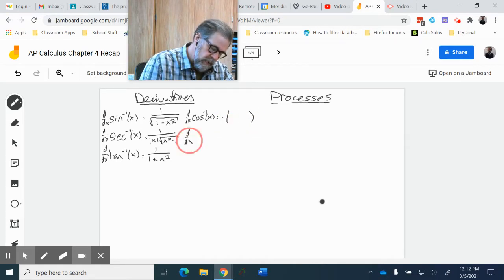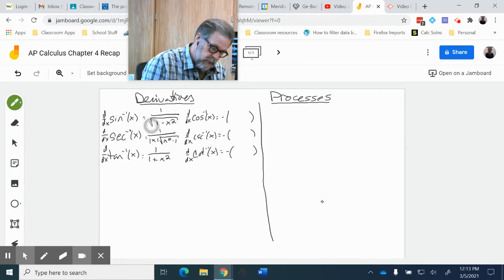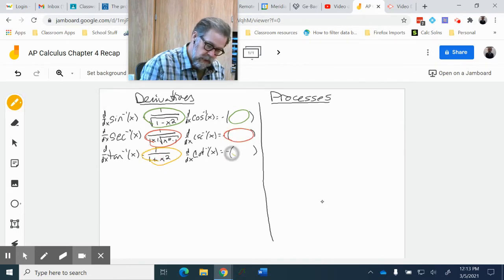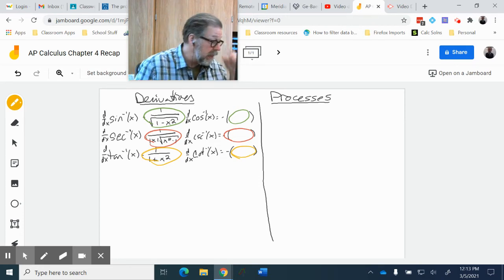The derivative of arc cosecant is the negative derivative of arc secant, and the derivative of arc cotangent is just the negative derivative of arc tangent. I should have written derivative on every one of these. That way you only have to remember 3 of them, and then just remember that the others are negatives.